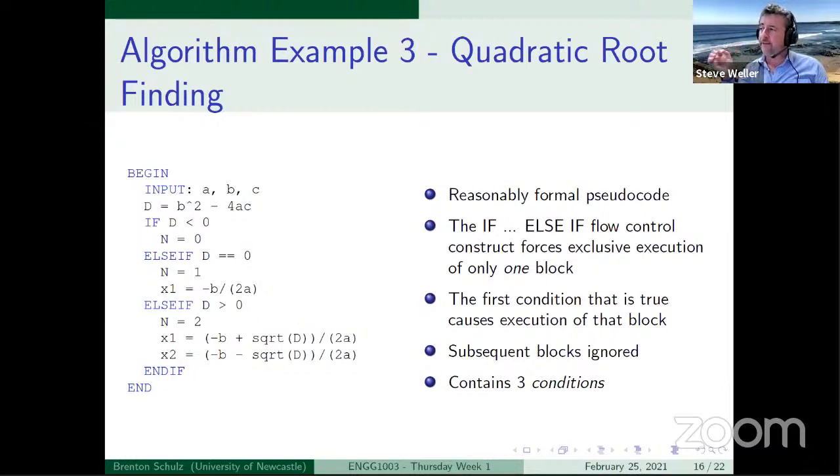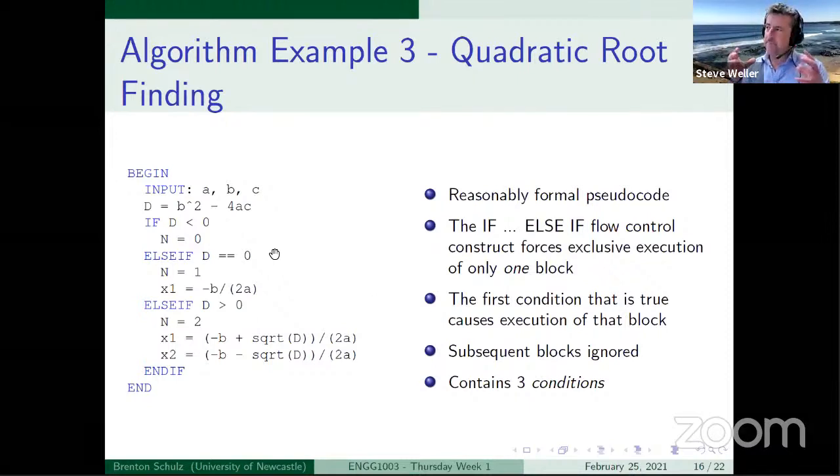One is it really visually aids the identification of the code blocks. Remember we talked about blocks as being collections of instructions which are executed sequentially one after the other as a group. The use of indentation, spacing, really helps in identifying the code blocks.